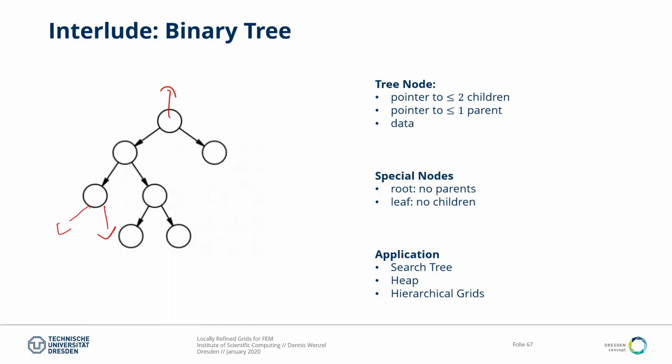A heap is part of a sorting algorithm, so you can build a very efficient sorting for numbers, for example, using binary trees. Or they can also be used for hierarchical grids. And of course, there's a ton of other applications. I'm just naming a few here, but we are, of course, concerned with the hierarchical grids.